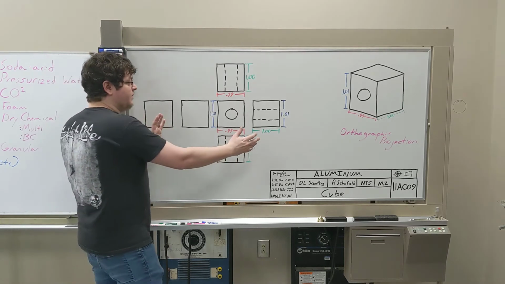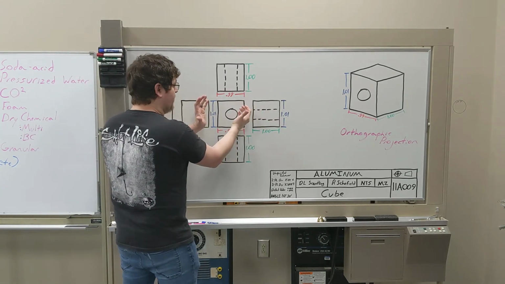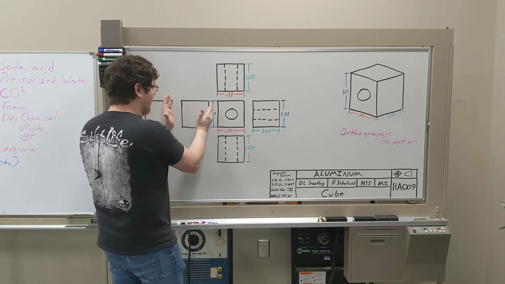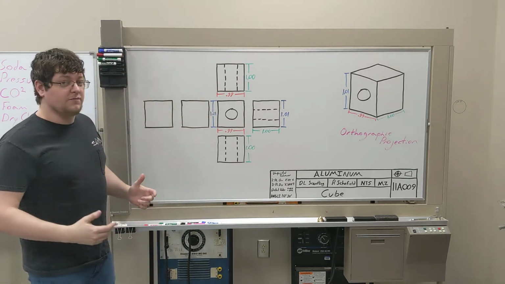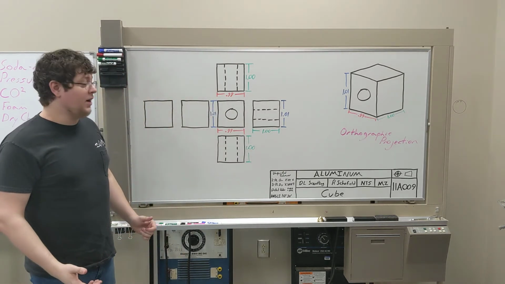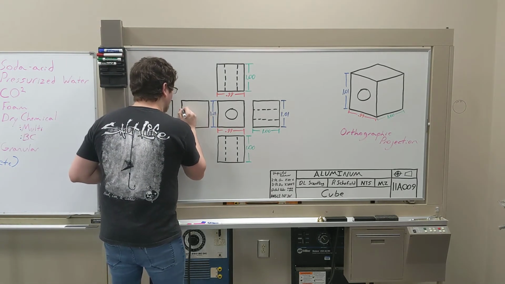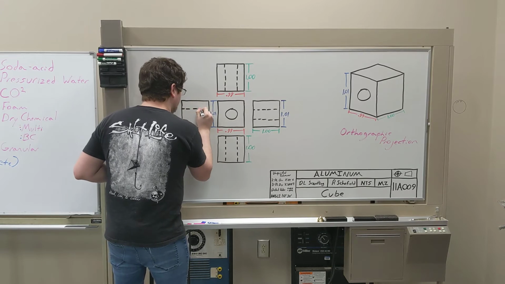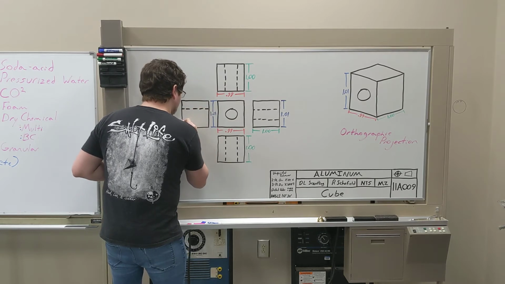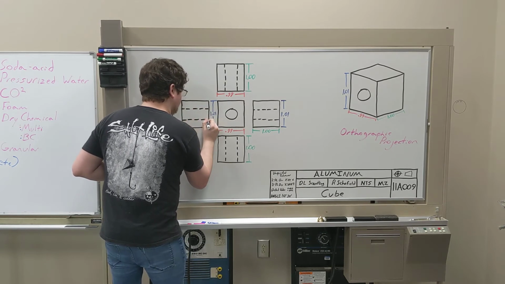If I were to take it, I go back to my front view, and I turn it. Now I'm at my left view. Left view is the same thing as the right view in this, correct? So, next thing I know, I have a hidden line. I need to know, hey, there's a hole here. It goes all the way through.